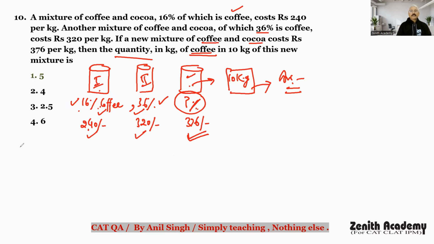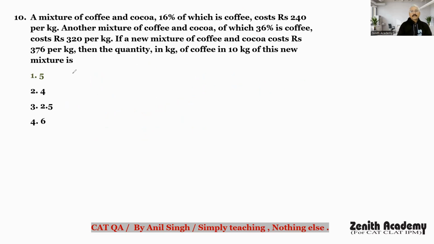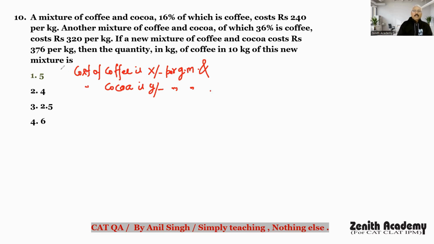So look here. Suppose the cost of coffee is X rupees per gram, and the cost of cocoa is Y rupees per gram.